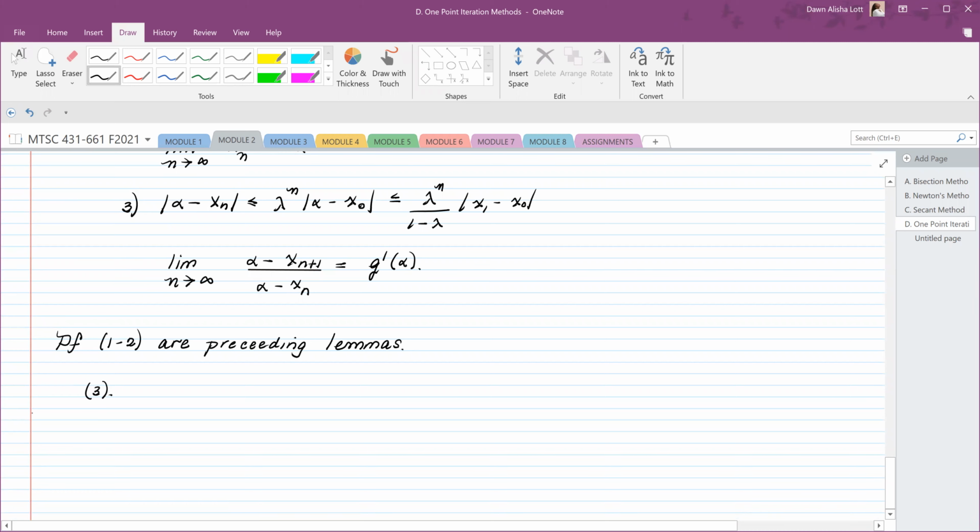The proof of 3 is alpha minus xn plus 1. Remember, alpha is g of alpha minus, and xn plus 1 is g of xn. But this is equal to g prime at c times alpha minus xn by the mean value theorem.